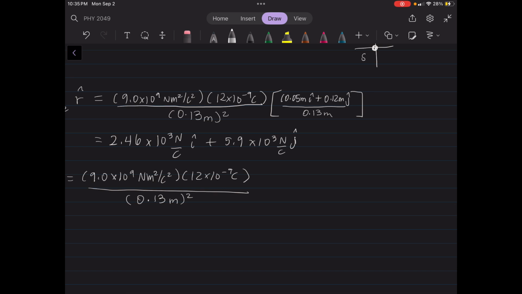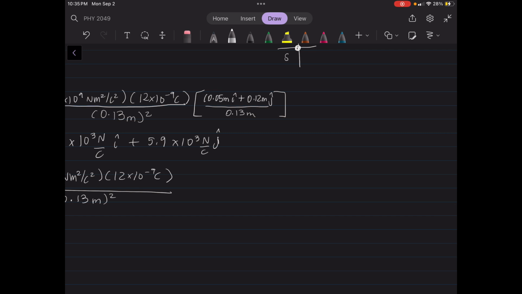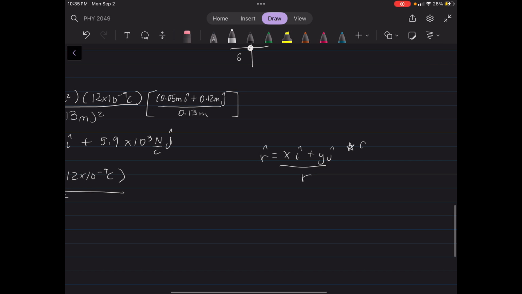So normally, let's go ahead and write on the side here, this is how we were converting, right? And this was under the assumption that Q was at the origin. But it's not at the origin.